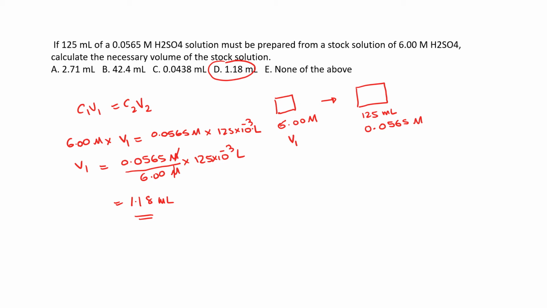It's 6.00 molar, and then your V1, we don't know how much you need to take. That's the question. Calculate the necessary volume of the stock solution. So you're going to find the volume you are going to need, and then your resulting solution is this much molarity, and then the volume is 125. So your answer to this question is D.